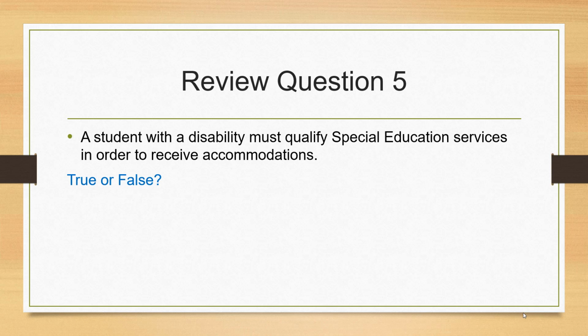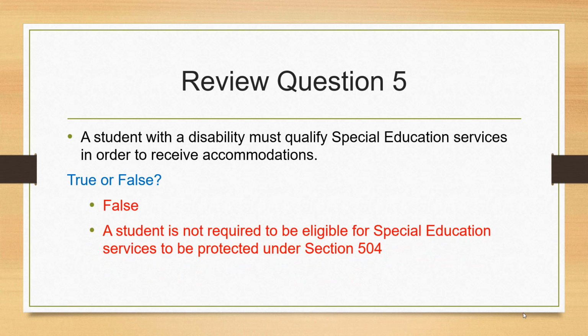Review question 5. A student with a disability must qualify for special education services in order to receive accommodations. True or false? This is false. A student is not required to be eligible for special education services to be protected under Section 504.